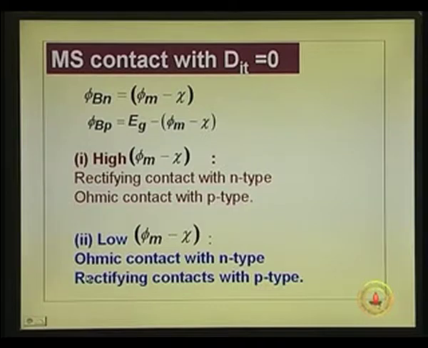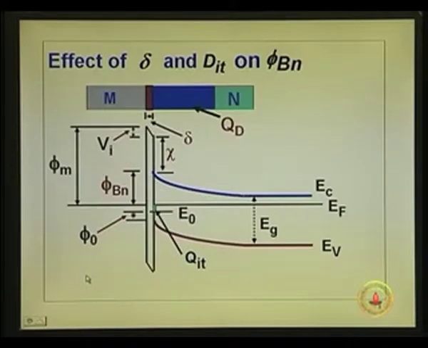Looks very simple, but things get complicated because of this, which we have discussed last time, that is a thin layer of material, maybe dielectric material, and high density of states here in the interface does not give barrier height equal to phi minus chi, but there is an additional drop coming up here.